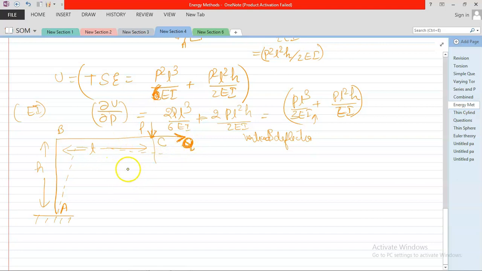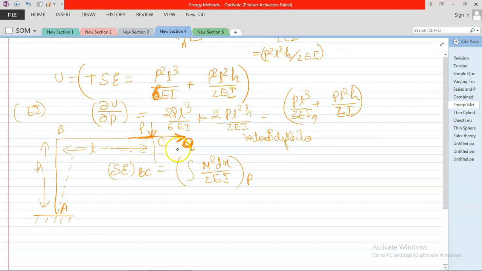First of all, strain energy at BC. It will be the integral of M squared dx upon 2EI. That is for P, and we neglect the axial load, the normal load that is coming.